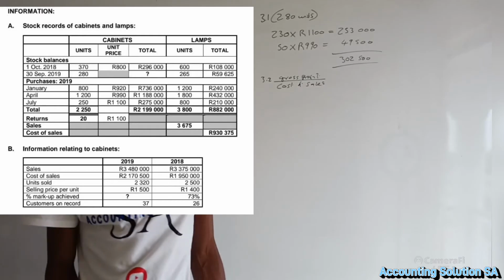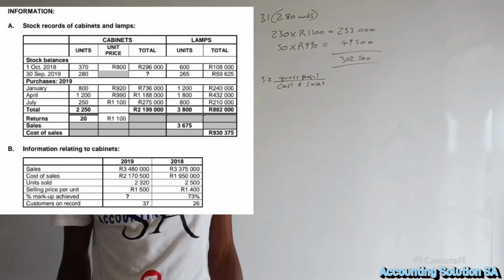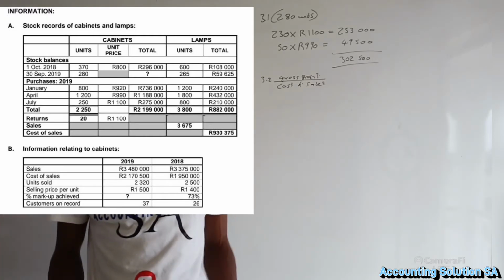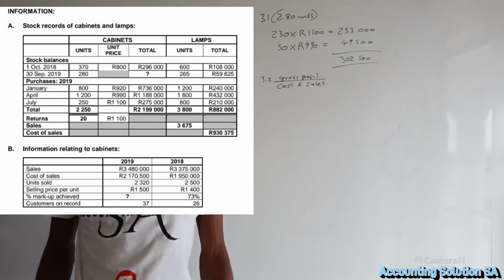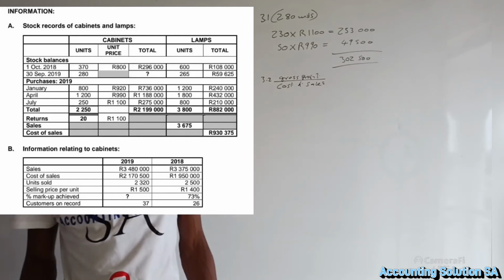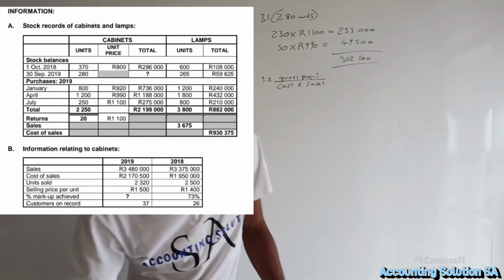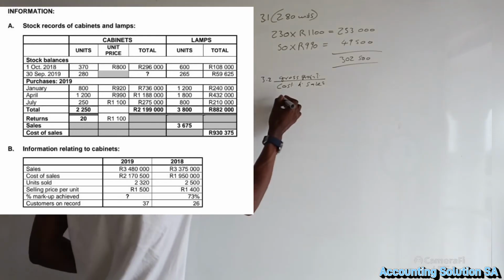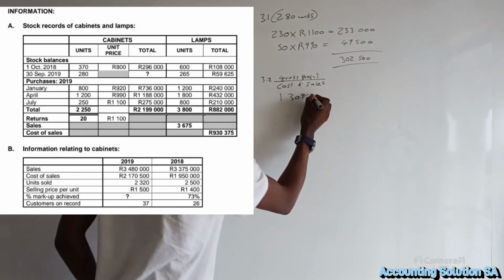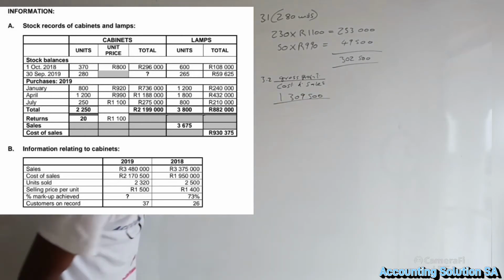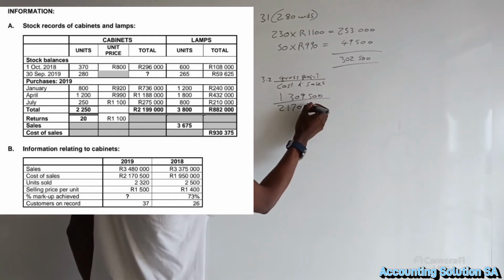Now let's go to the information. Under cabinets, we found that we don't have a gross profit, but because we have sales and cost of sales, we can just subtract those two amounts for 2019: 3,480,000 minus 2,170,500. That gives us a gross profit of 1,309,500. Then the cost of sales, which was given, was 2,170,500.